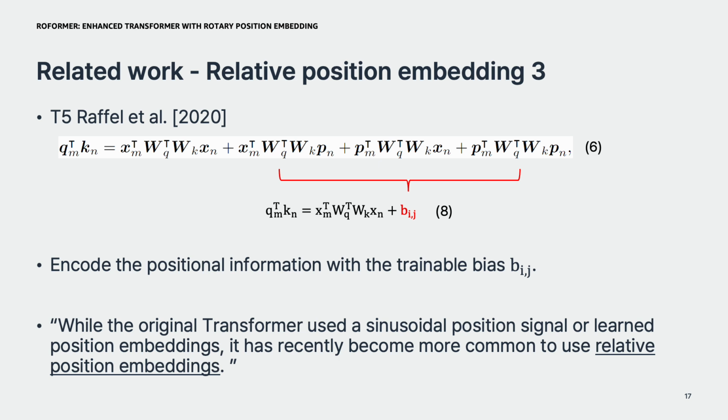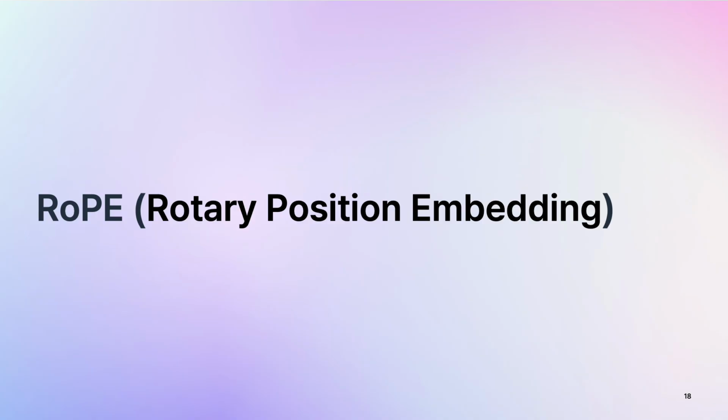Reflecting relative position difference is more efficient than using absolute positional values. This is because when a model learns semantic relationships between the words, the distance information between them is far more useful. Now, let me move on to explaining rotary position embedding in detail.